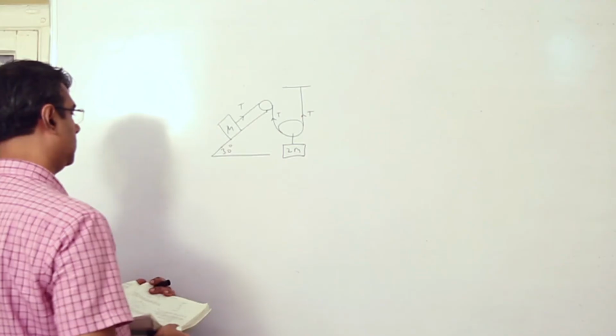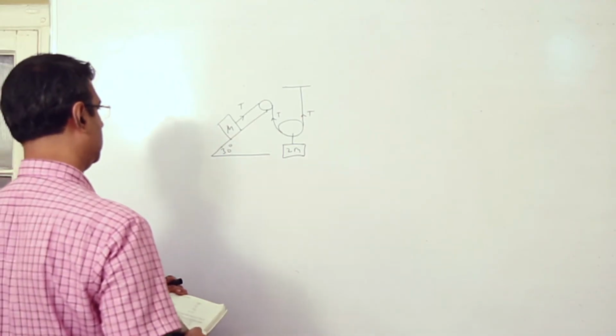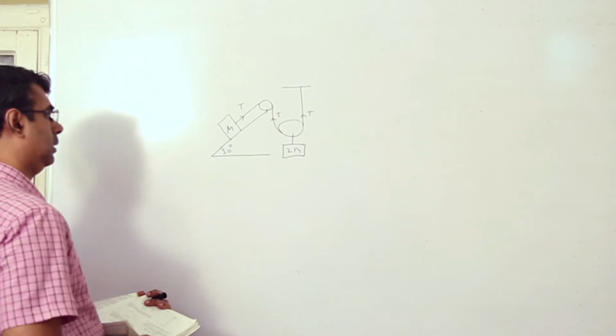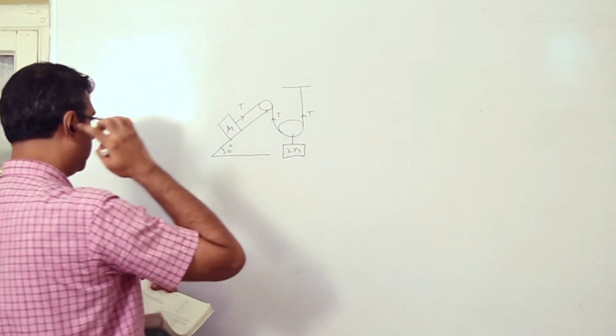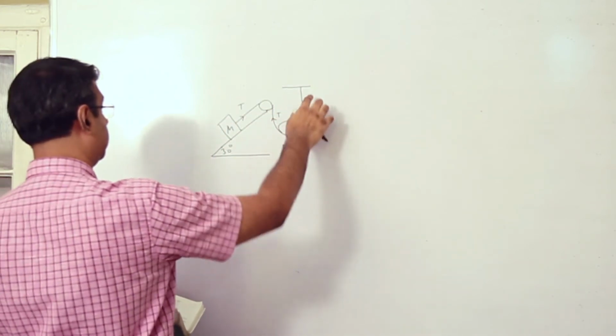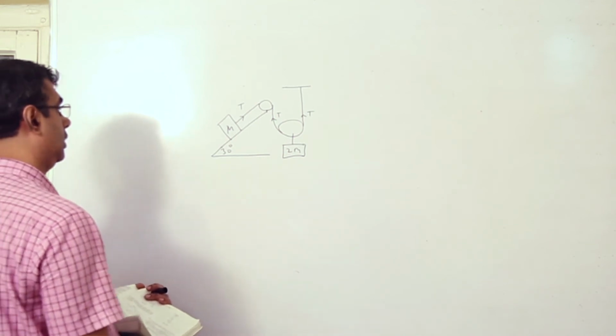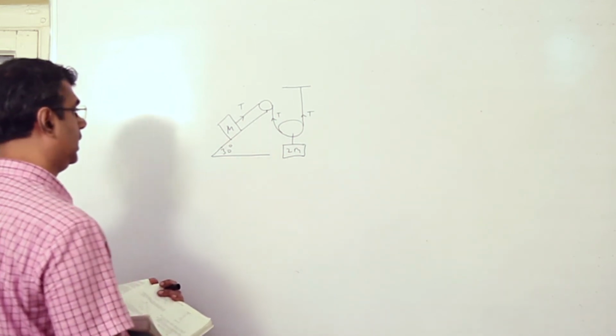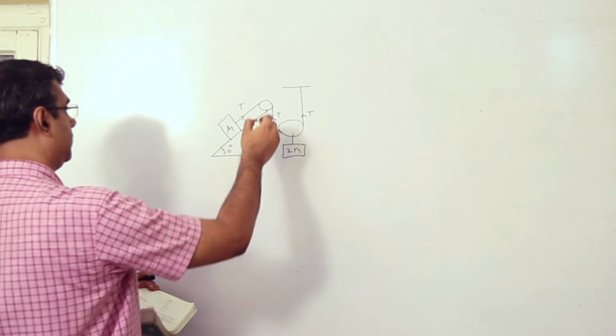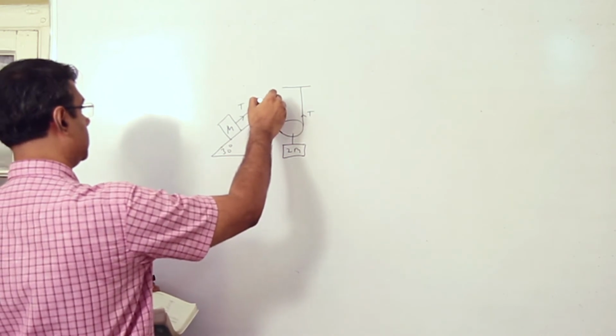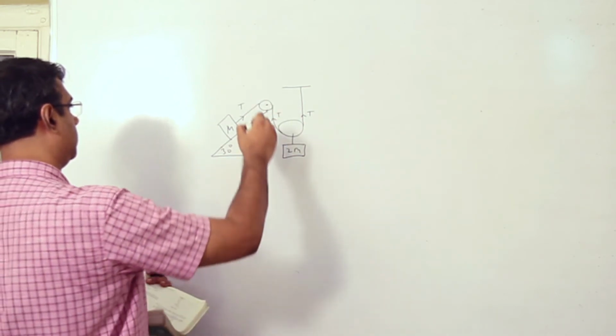First of all, it's very important to know that here the string has been clamped. So this is like a fixed position. So what we can do is that we can have a look at what are the other fixed positions. The other fixed position is the location of this pulley.